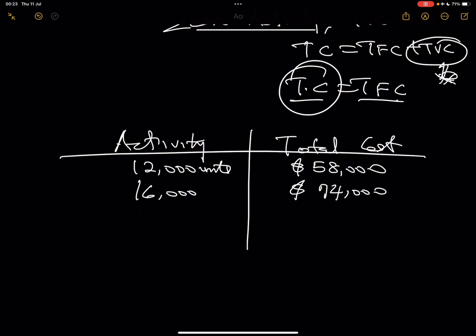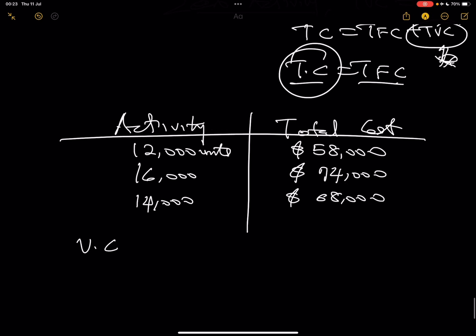At, let's say, 14,000, total cost is 68,000. Now you are asked to calculate variable cost per unit and what fixed cost is.